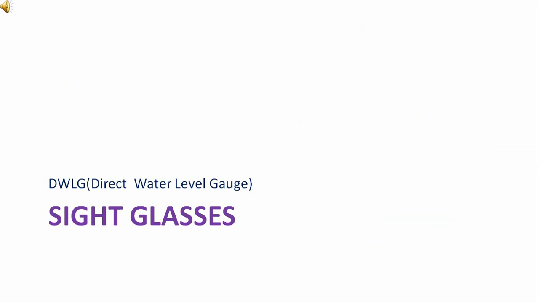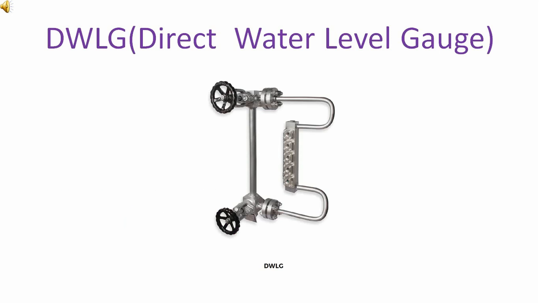First of all, we are going to discuss sight glasses. They are also called DWLG, direct water level gauge. Here is a typical DWLG or direct water level gauge.